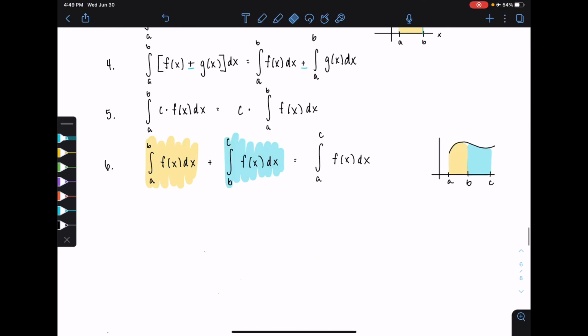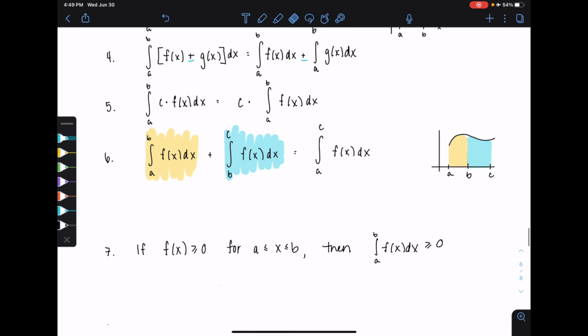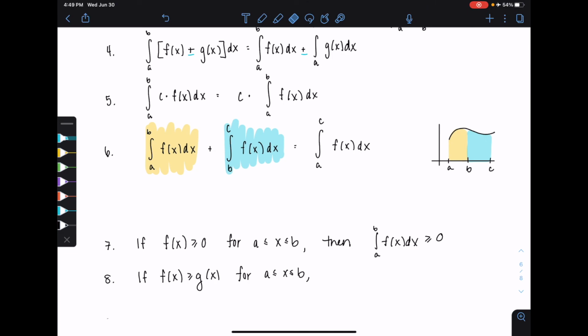Okay. Seventh property is if your function is non-negative over an interval, the area underneath it better be non-negative. If one function is bigger than another over an interval, the area under the bigger function is going to be more than the area under the smaller function. Okay.